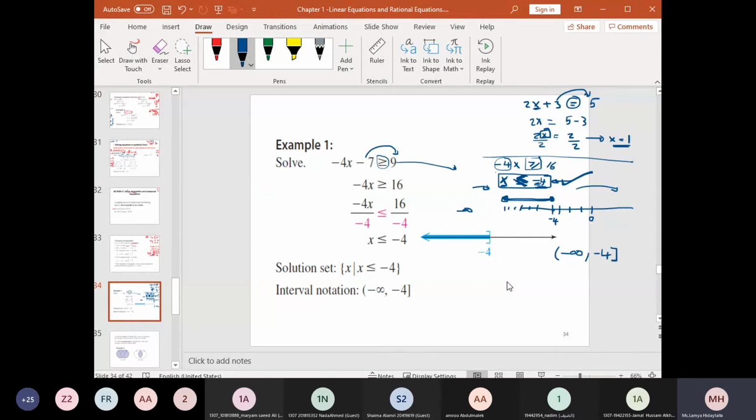So we put a closed bracket from this side. So this is the solution of my inequality. A set of numbers. It's not only one value like the one before. Here, all the numbers between minus infinity and up to -4, including the -4. Okay?